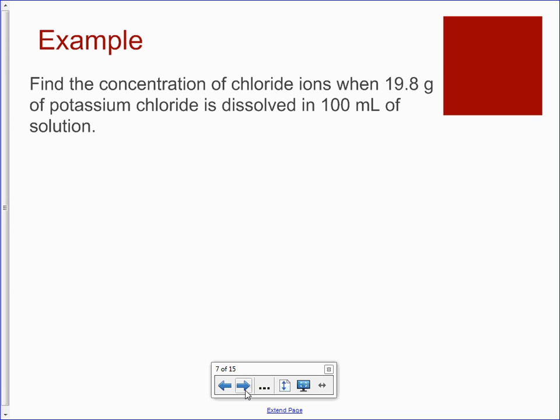So, working through this, one of the first things that we need to do is make sure that we have a balanced equation. So we're going to have to come up with a dissociation equation. We're told that we're dealing with potassium chloride and that this is dissolved in solution.